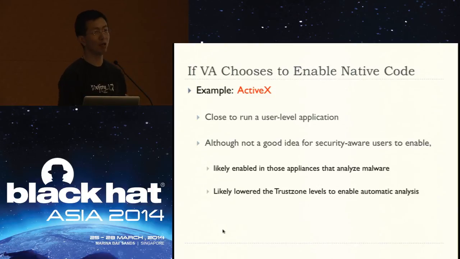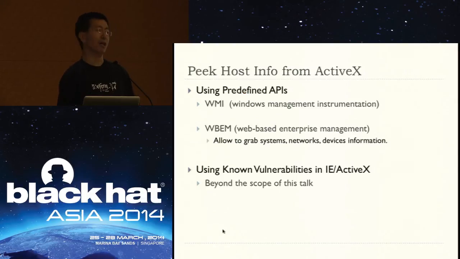For people who know ActiveX, it's actually running native code. You can have a compiled object, like x86 code, and run it. Once the other side runs this ActiveX or native code, you can do a lot of things, but we chose to do something very simple.